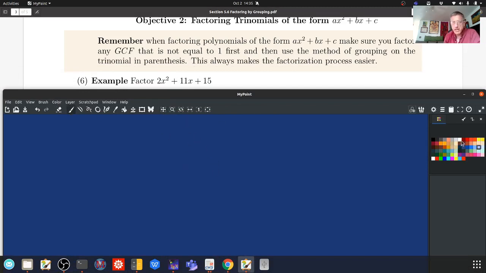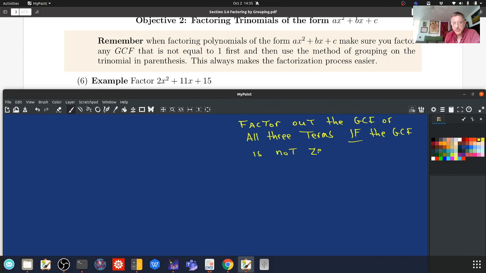But our first step is always going to be to factor out the GCF of all three terms. But I'm not done if the GCF is not 1.